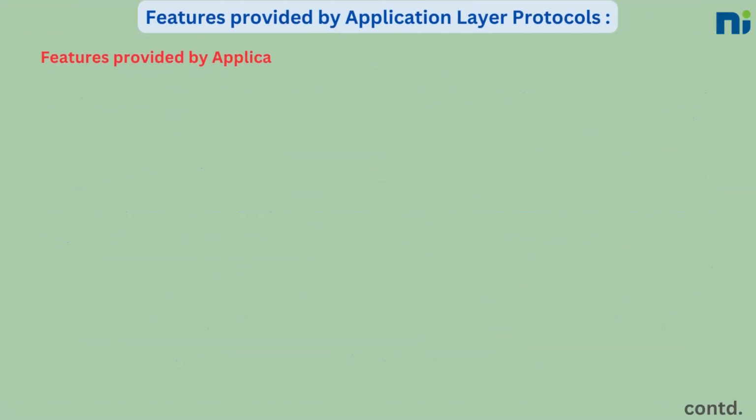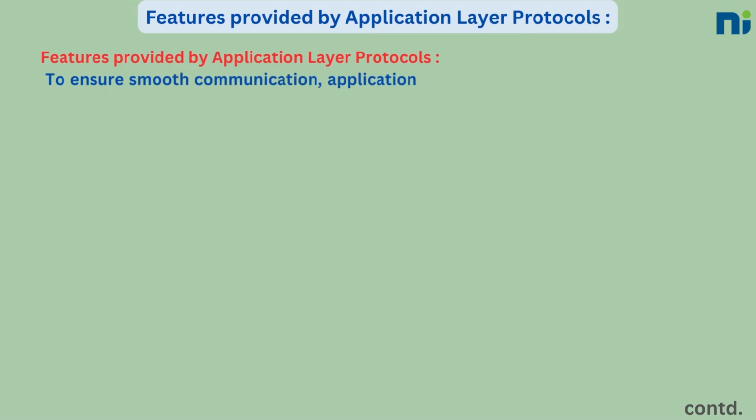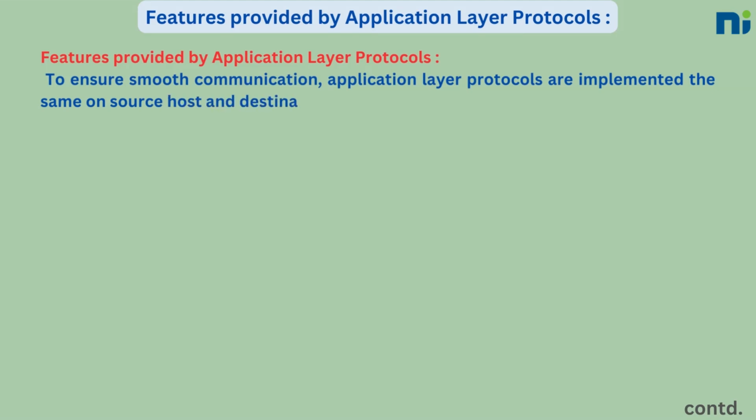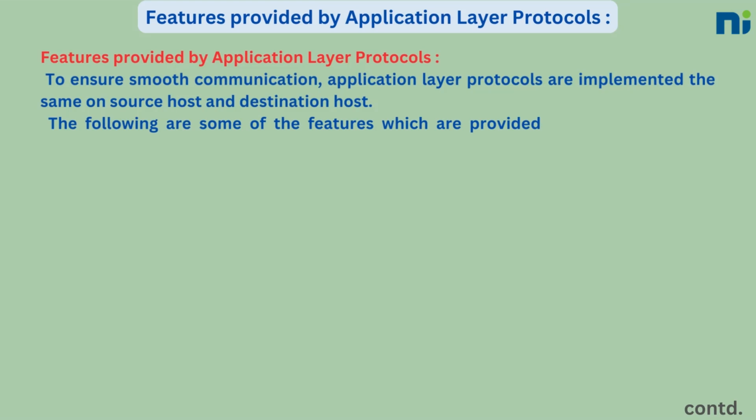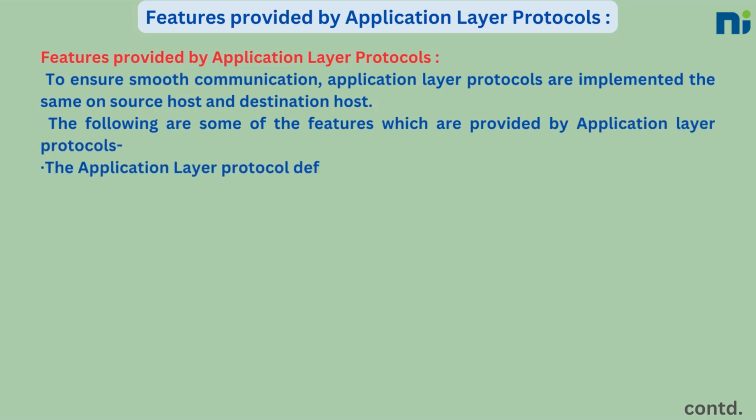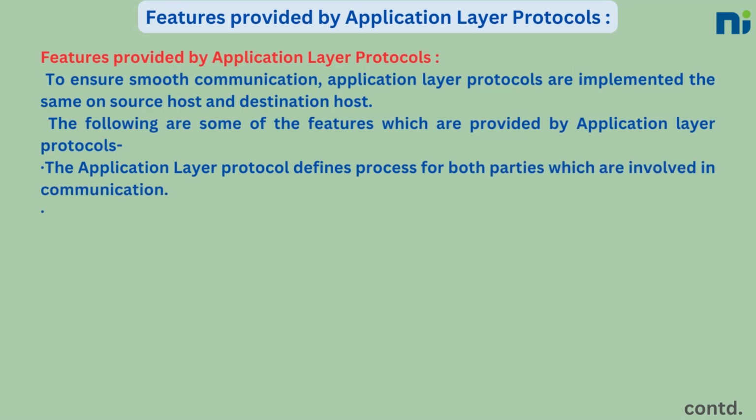Features provided by application layer protocols. To ensure smooth communication, application layer protocols are implemented the same on the source host and destination host. The following are some of the features which are provided by application layer protocols. The application layer protocol defines the process for both parties involved in communication.